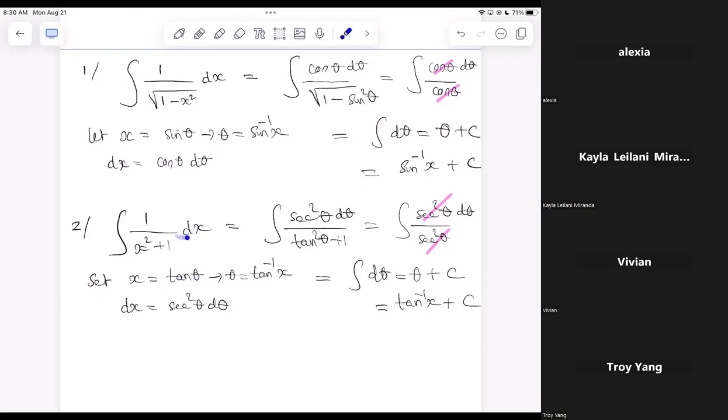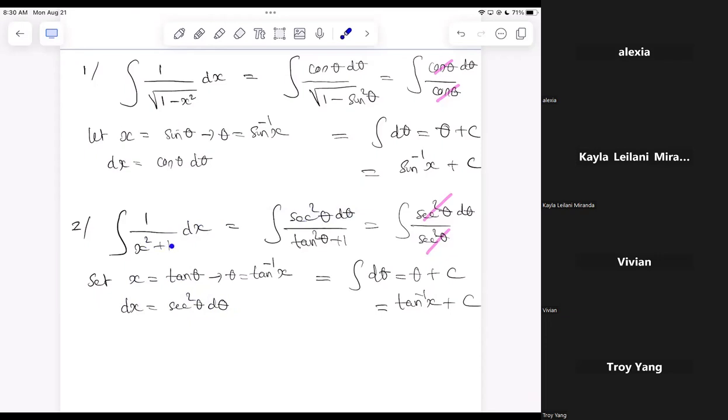We need to convert dx to d theta, so dx is going to be equal to secant square theta d theta. So I replace dx here by secant square theta d theta.